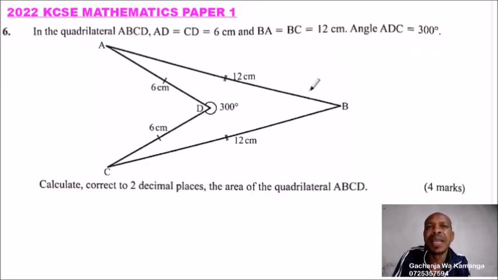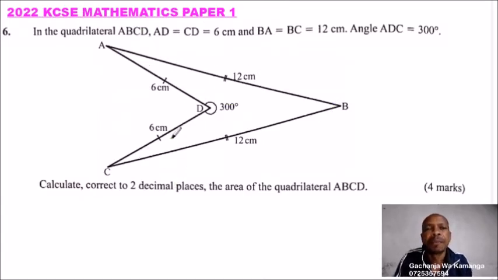And BA is equal to BC is equal to 12 centimeters. Those two sides are also equal. Angle ADC is 300 degrees. That is the reflex angle. So with that information, calculate, correct to 2 decimal places, the area of quadrilateral ABCD.